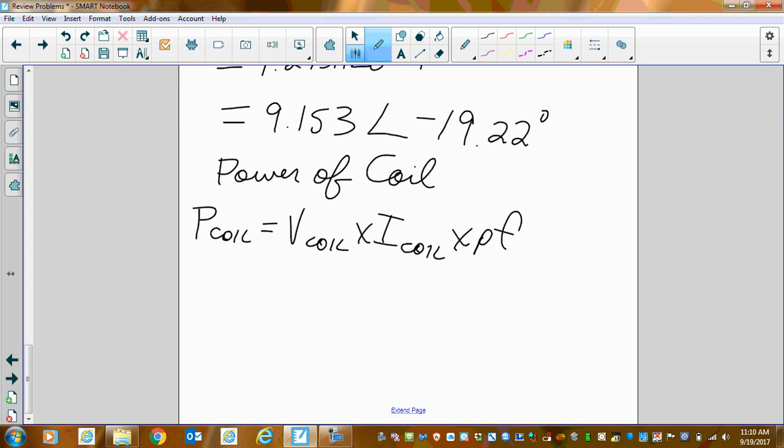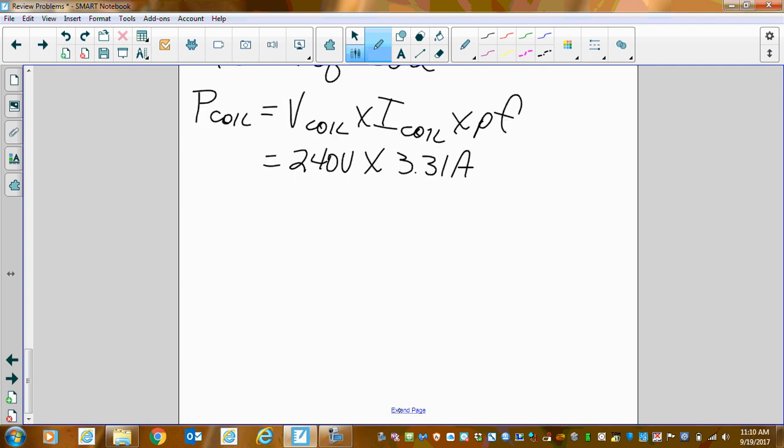Yeah, we do. So we could say power of the coil, 240 volts. We're going to times that by a current of 3.31 amps, and times that by a power factor of 0.414.